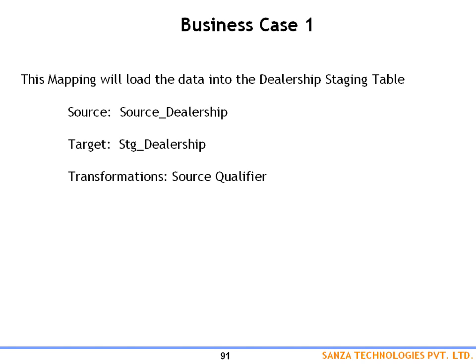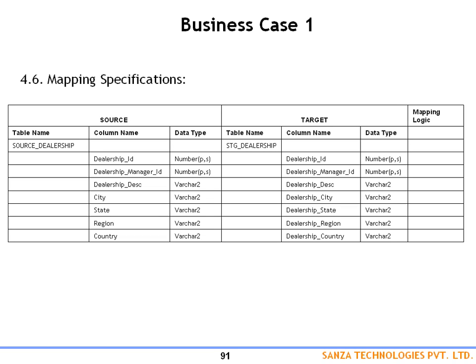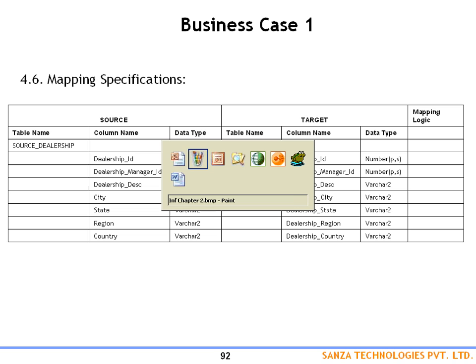Now the second business case. The purpose of this business case is to extract the data from the source dealership table and load the data into the STG_dealership table. This is the specification provided in the ETL specification document which we have given you.